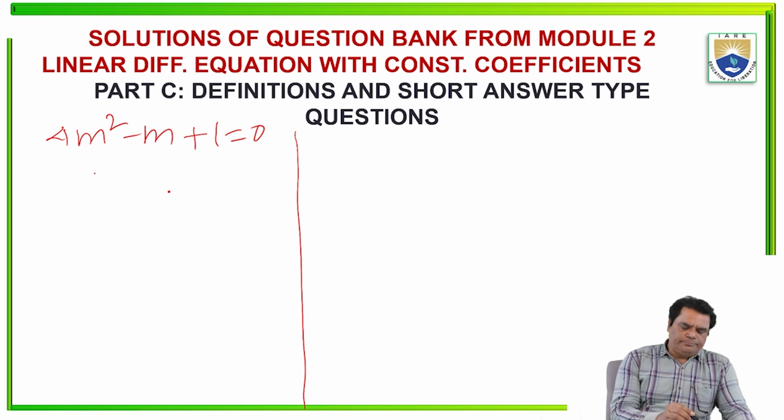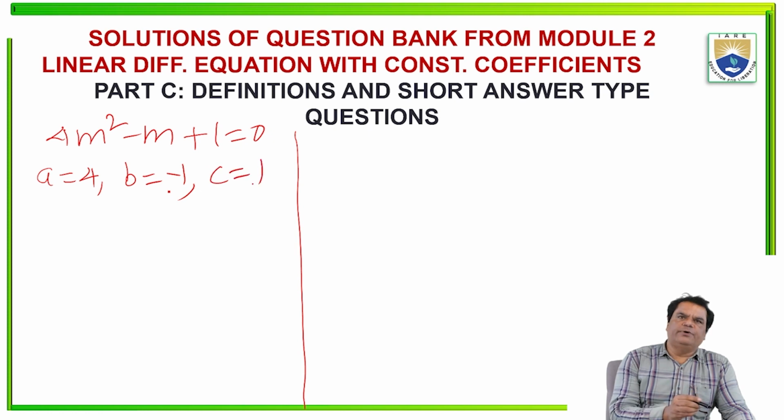So finding the roots of this, here a equal to 4, b equal to minus 1 and c equal to 1.